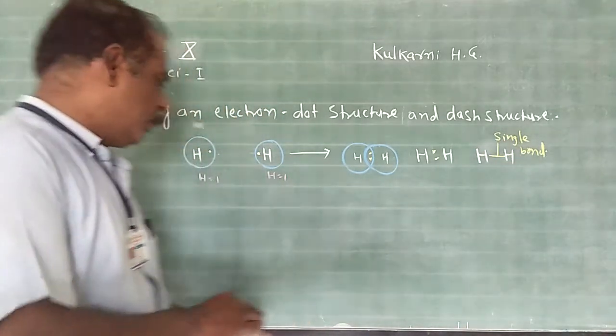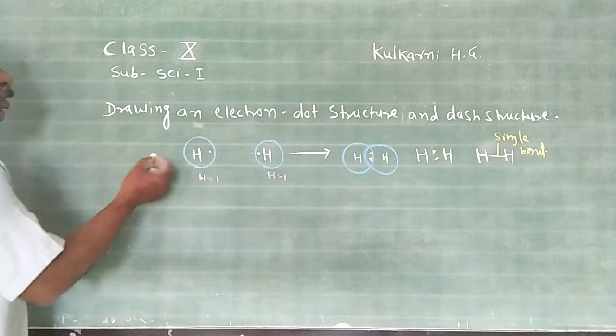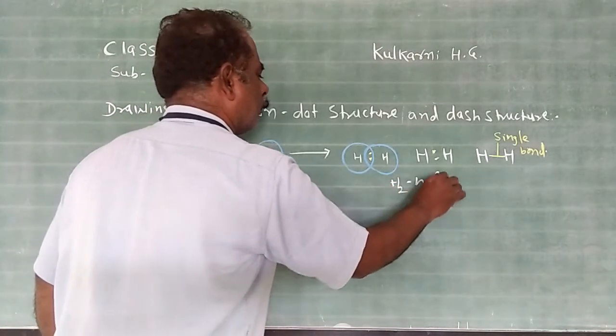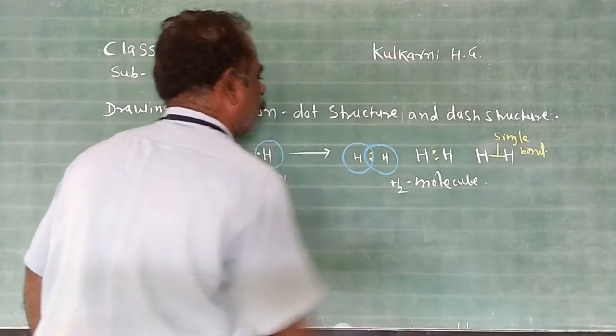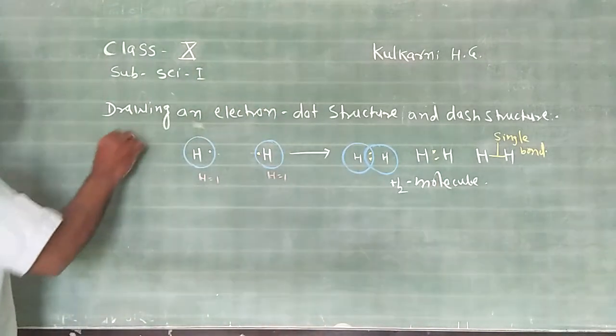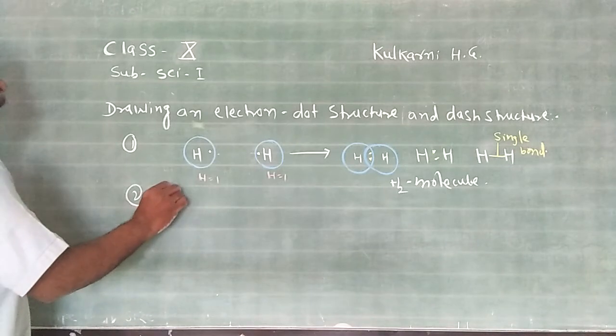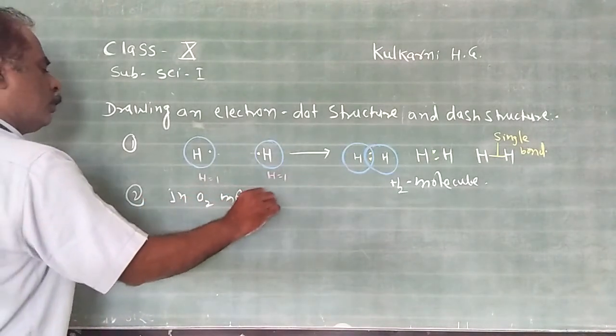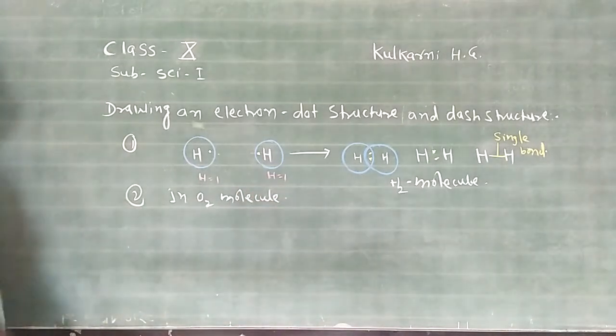Second example, formation of the O2 molecule. This is the H2 molecule, the dash and dot structure of the H2 molecule. That was the first example. Second example, the O2 molecule.